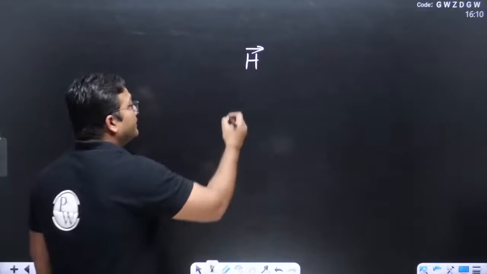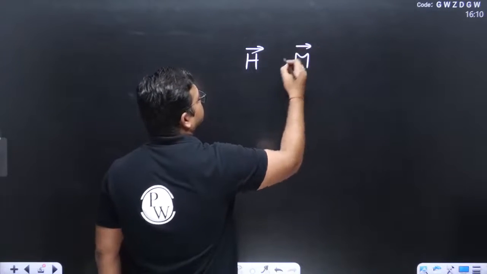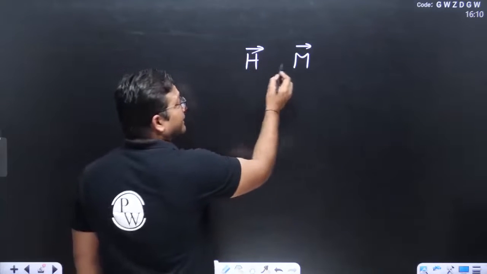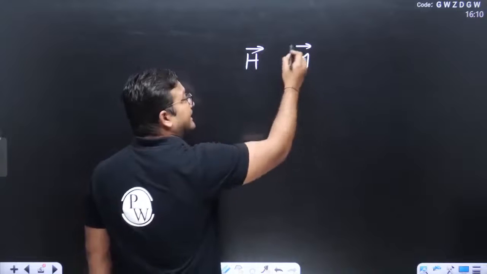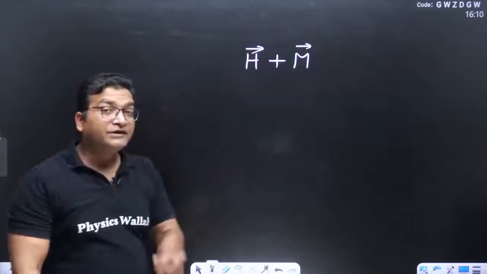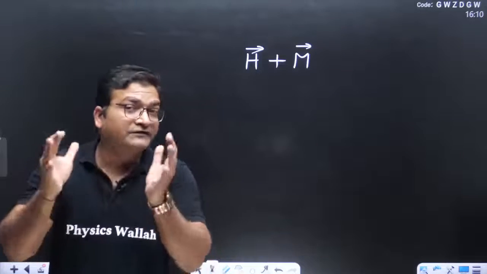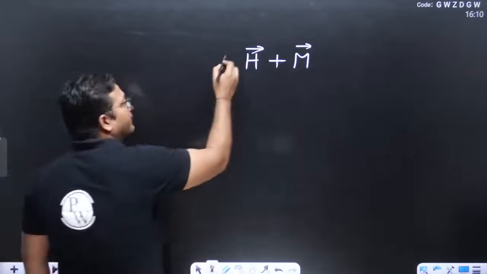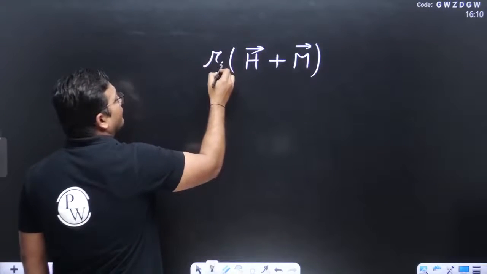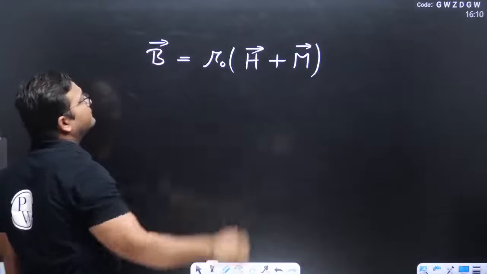Then because of H, magnetization happened. So this is the field we applied, and this is the field which got created inside the material. If we add them, it becomes the net influence inside the medium. And if this net influence is multiplied by the permeability of free space, this gives us the net B field.